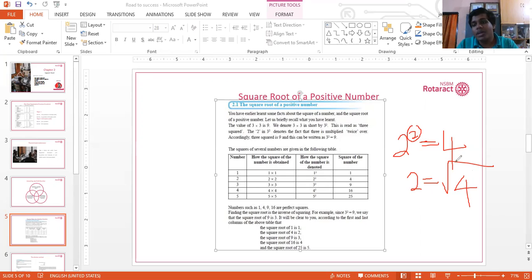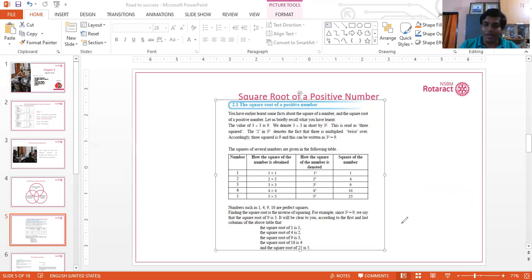Square root of 4 is 2, because 2 times 2 is 4. Simply that. Okay, so it's not a big deal. It's very simple. I don't like to say the word simple, but I know it's not complicated at all.